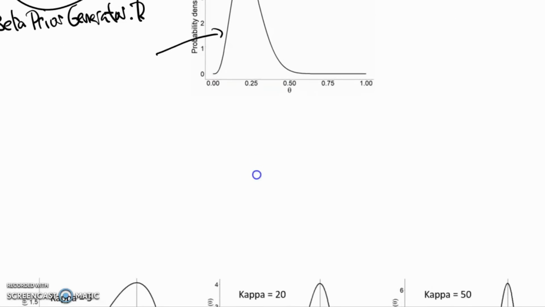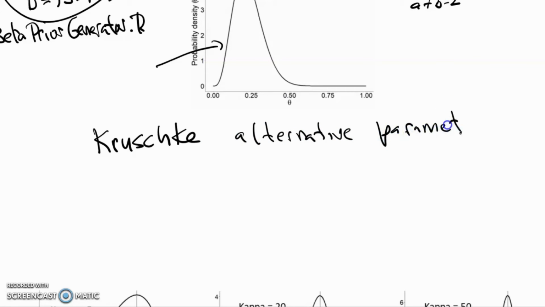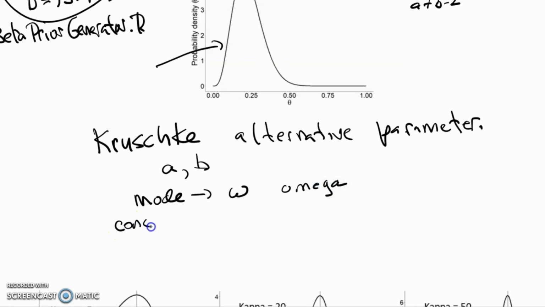Now, Kruschke has an alternative parameterization. And instead of initially proposing values of A and B, he is initially thinking about proposing values of the mode, which is omega, and something he refers to as concentration, which we represent as K, and that's kappa.